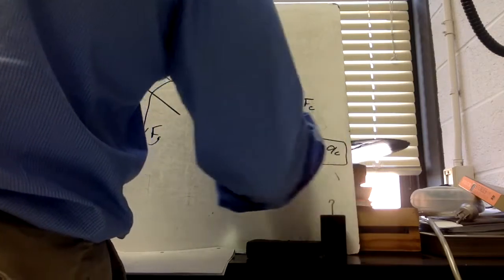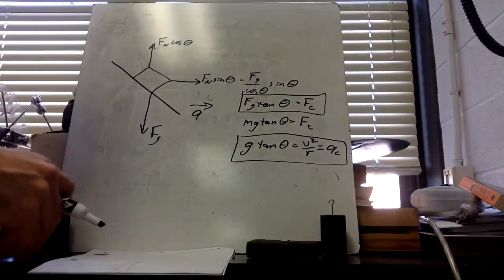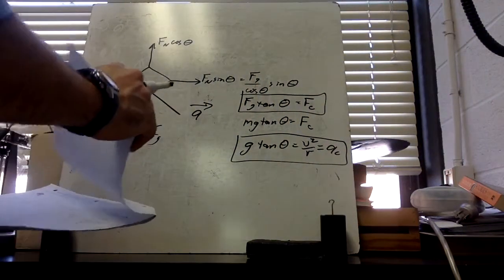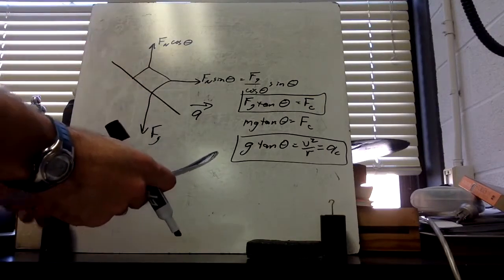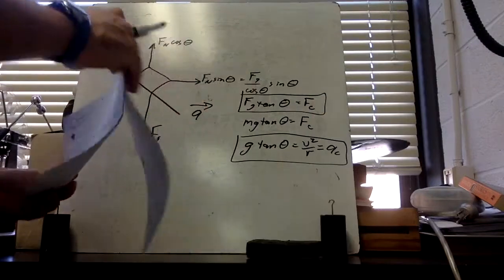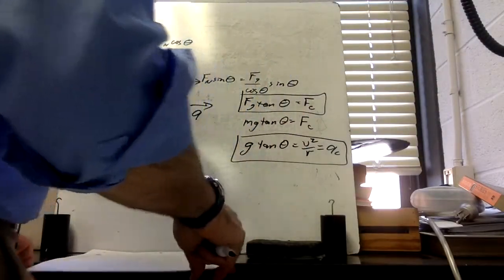That means g tangent of theta is equal to v squared over r, or equal to AC in this situation. All right, a little complicated, but you can keep a car on the track even without friction if you can get v to be the square root of rg tangent of theta.